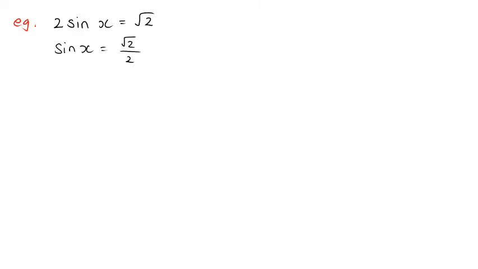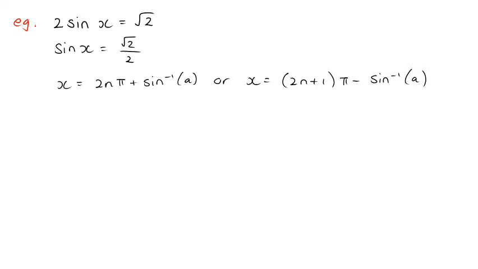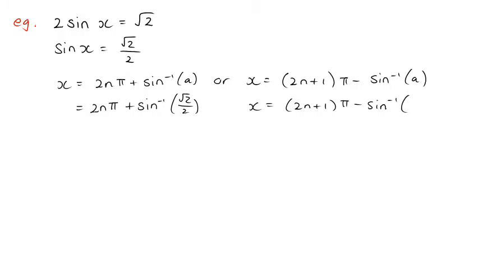So it's x equals 2n pi plus inverse sine of a, or x equals 2n plus 1 pi minus inverse sine of a. Right, so we get 2n pi plus inverse sine of root 2 on 2, or 2n plus 1 pi minus inverse sine of root 2 on 2.